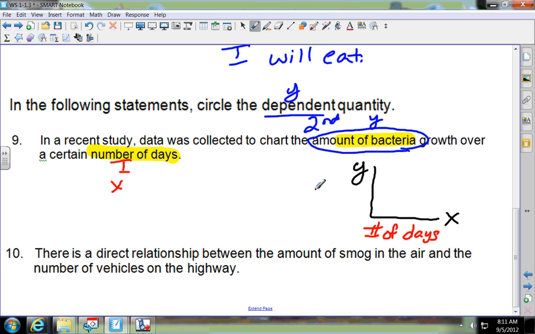The dependent, the Y, would be the amount of bacteria. Because at the beginning of the days, we have a little bit of bacteria at day 1. What's going to happen to my bacteria as the days go on? It's going to increase, right? Technically, depending on what it is, it'll be what's called exponential growth. It'll grow fast, but it will increase. It will go up.